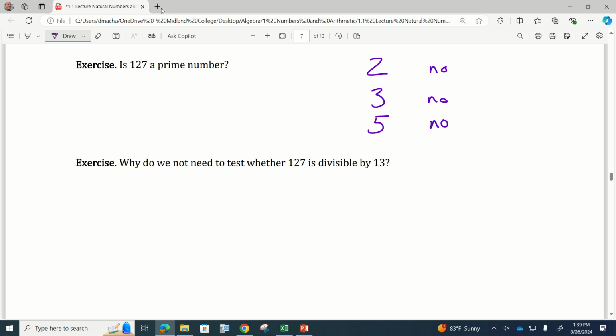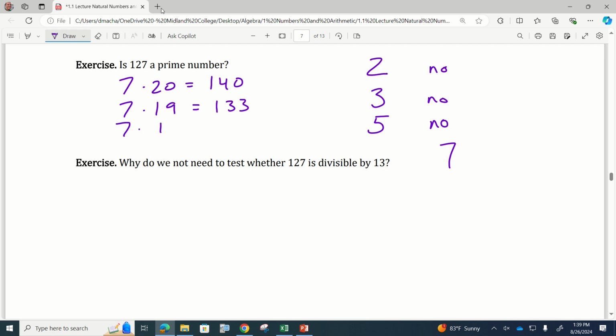Is it divisible by 7? It might be, and this is a pain to check. So one thing I can think of is 7 times 20, what's that? 140. That's pretty close, so let's try 7 times 19. That would be 133.